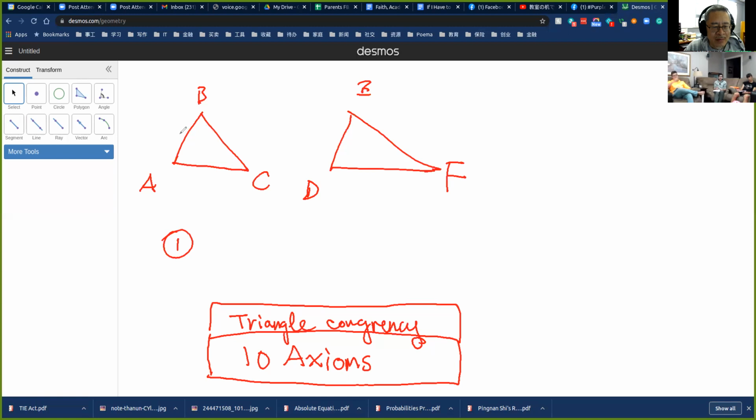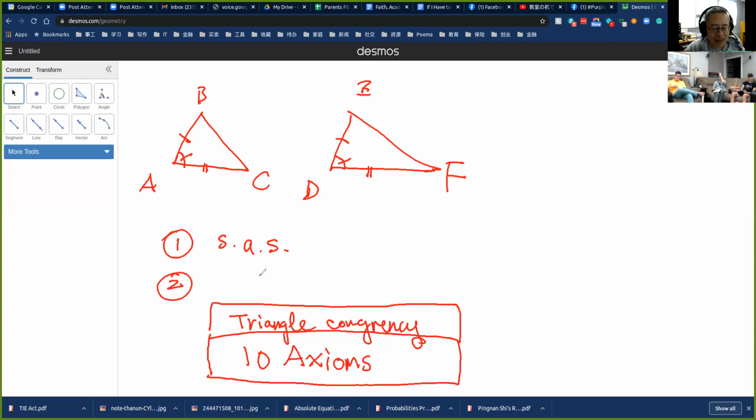If we know one side and the other side congruent, say AC equal to DE, and then the angle is also congruent, then we know these two triangles are congruent. So this is called SAS, side angle side. That's what we named before.